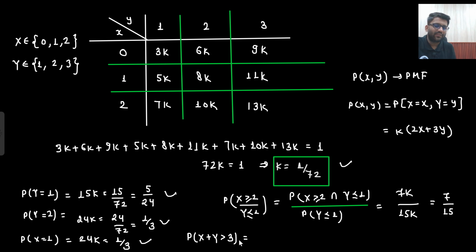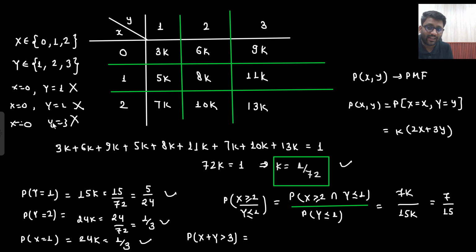So what do you think, what all cases can come? X equals 0, y equals 1. Can this case come? No. X equals 0, y equals 2. Can this case come? No. X equals 0, y equals 3. Can this case come? No. Because x plus y should be greater than 3. So what all cases can come? Think about it.